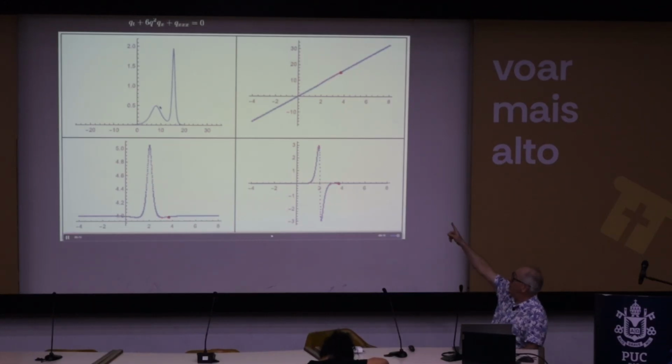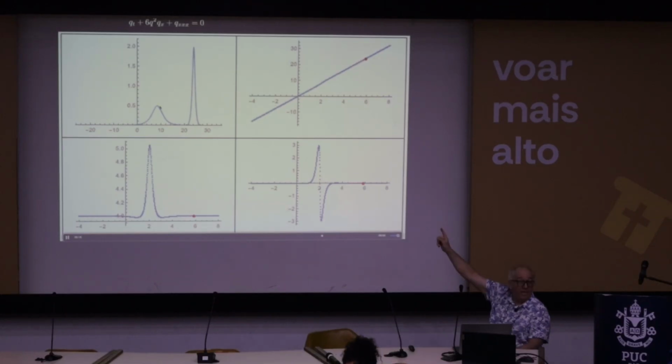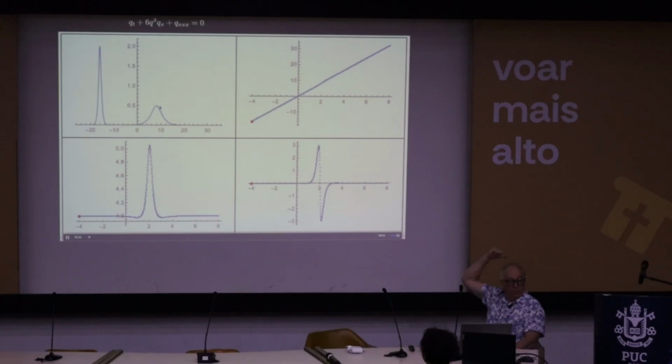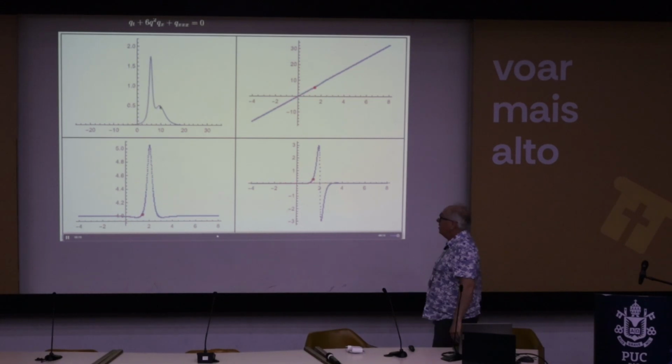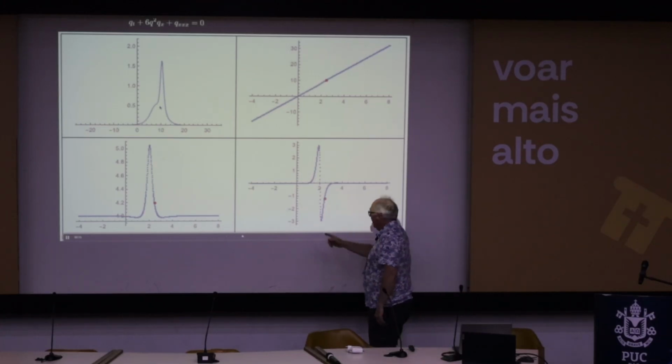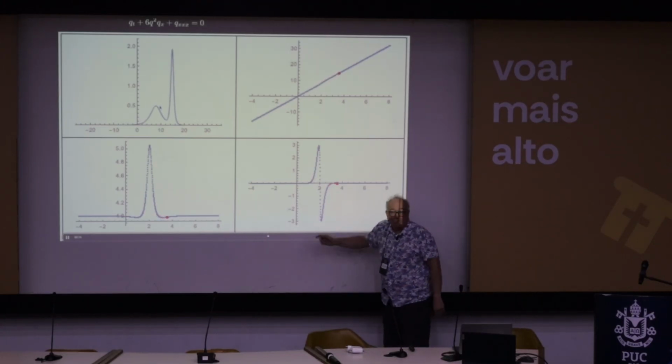What is the upper right-hand plot? That's the plot of the position of the tall peak as a function of time. Okay, so time is moving to the right, and the position is increasing. The vertical axis is the position of the tall peak. And then the lower left-hand plot is the velocity of that tall peak. And this is the acceleration, okay?